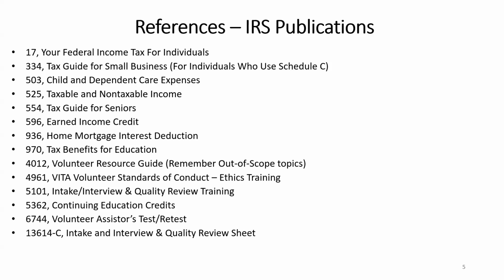Now, one thing about the 4012, it has information pertaining to out of scope, and that's something we visit again and again with our clients. Sometimes clients will come in and they'll say, "Why can't you do this for me?" And the answer is very simple. It's typically out of scope. Sometimes the taxpayers will have insufficient documents with them. So they'll come in and they'll expect a return to be completed.